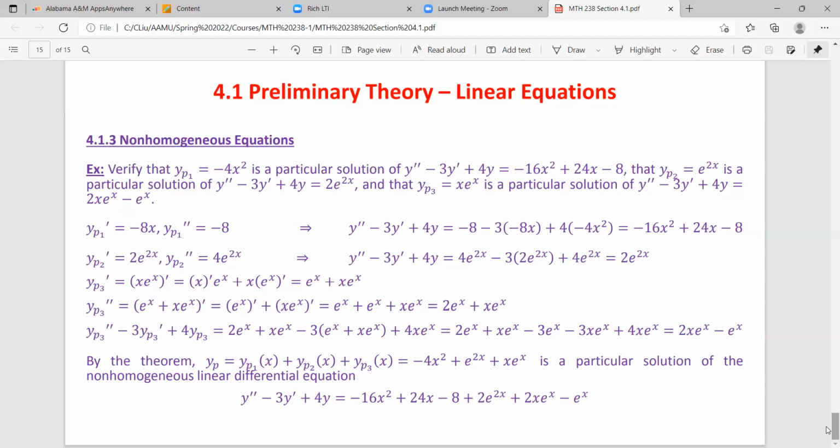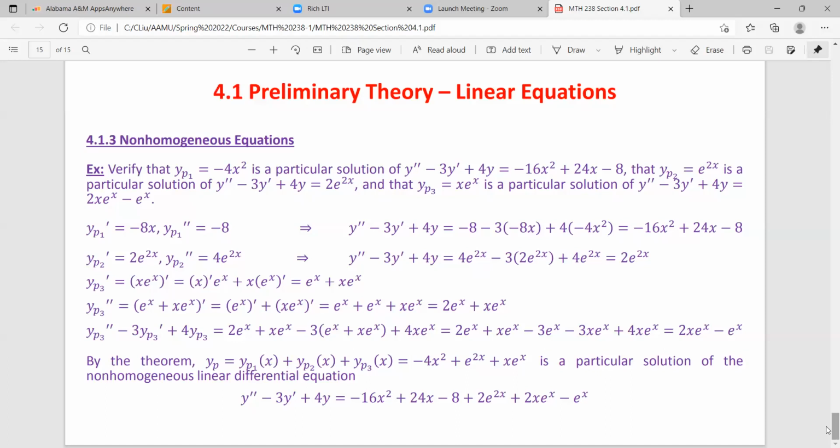Again, x prime is just 1 and e to the x prime is just e to the x. So at the end, we get 1 times e to the x, which is e to the x, plus x times e to the x. All right. So that's the first derivative of YP3. If you take the derivative again, you get the second derivative. So now you have two terms, e to the x plus x times e to the x, and you just take the derivative of each part.